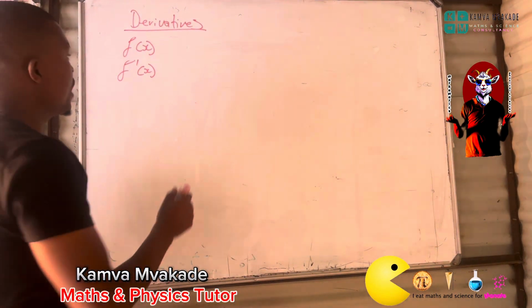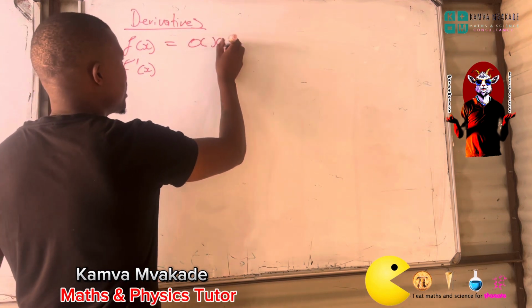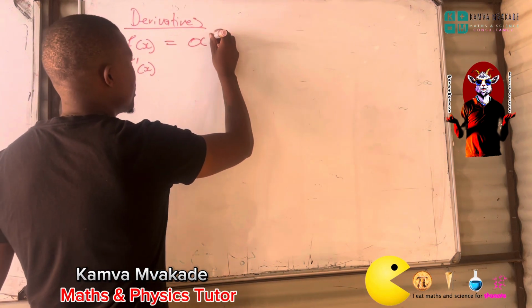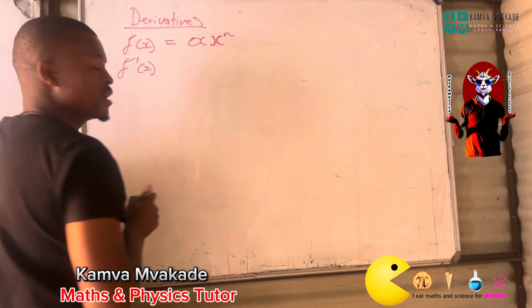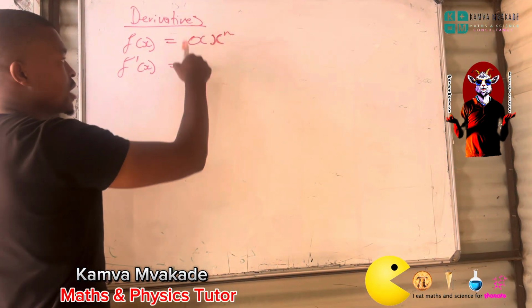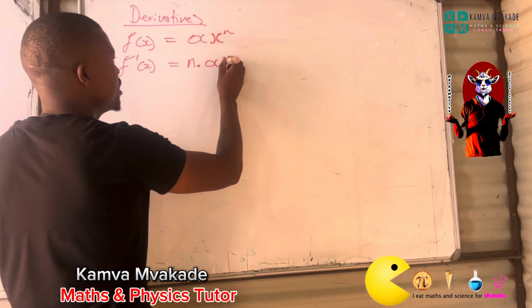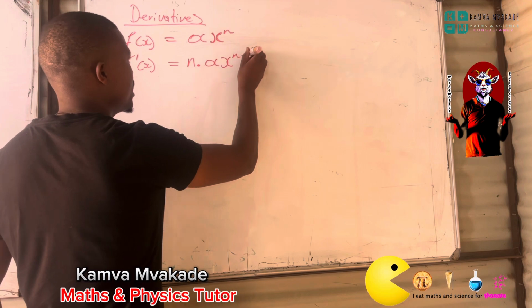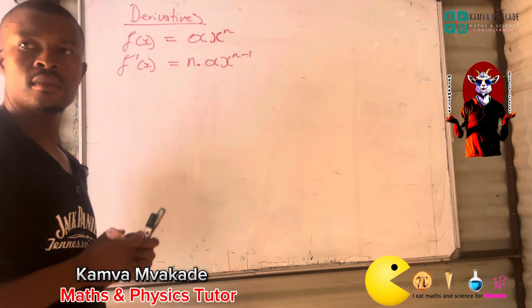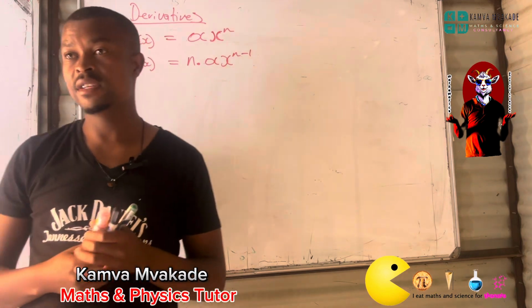So for the power rule, if we have a x to the power n, when we derive we bring n down, so we have a n x to the power n minus 1, just like that. This will be the derivative.